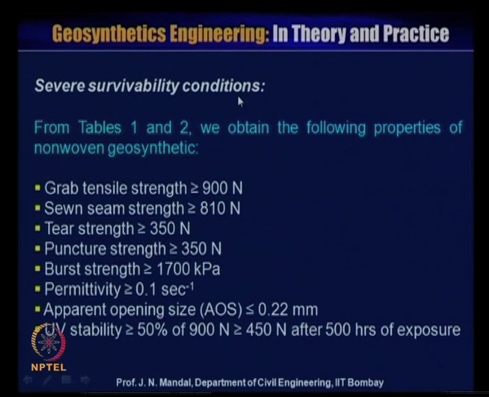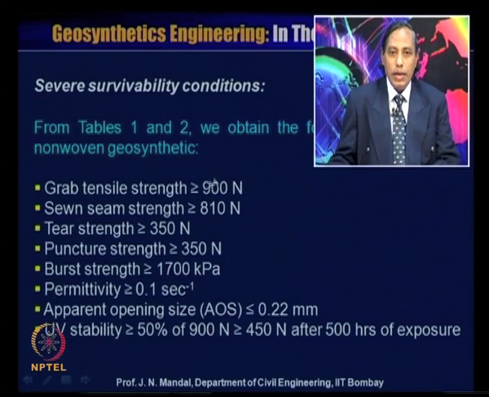So, from this table 1 we can obtain Grab tensile strength greater than or equal to 900 Newton, strain seam strength greater than or equal to 810 Newton, tear strength greater than or equal to 350 Newton, puncture strength greater than or equal to 350 Newton, burst strength greater than or equal to 1700 kilopascal, and from table 2 we can have permittivity greater than or equal to 0.1 per second, apparent opening size, that is AOS less than or equal to 0.22 millimeter, and UV stability is greater than or equal to 50% of 900 Newton, because this Grab strength value is 900.